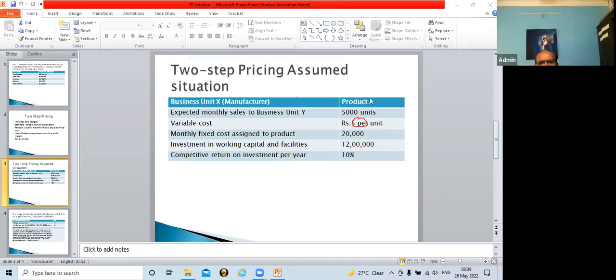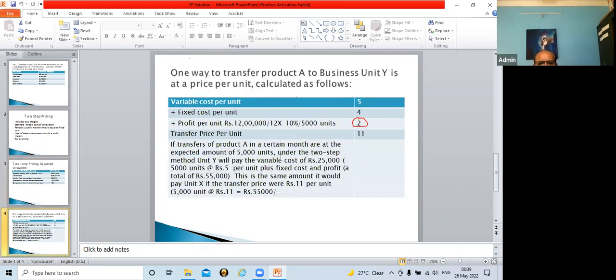So, let me erase this. 5 per unit. So 5,000 multiplied by 5 per unit comes to 25,000 rupees.